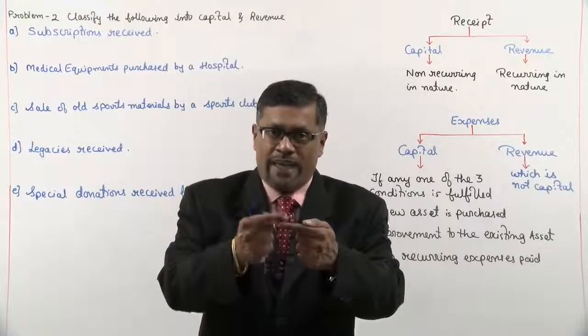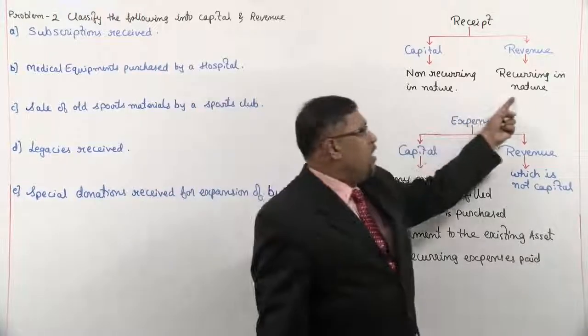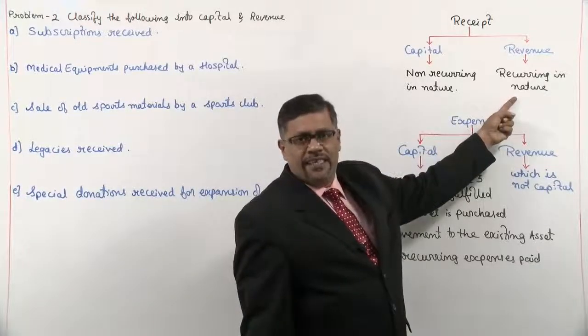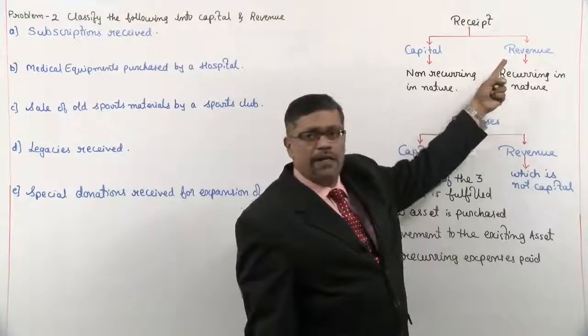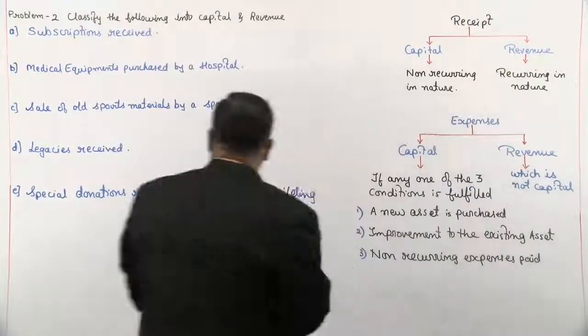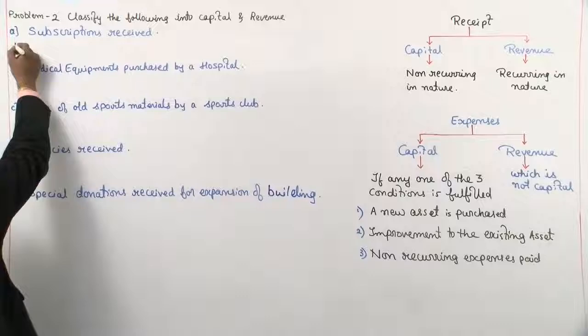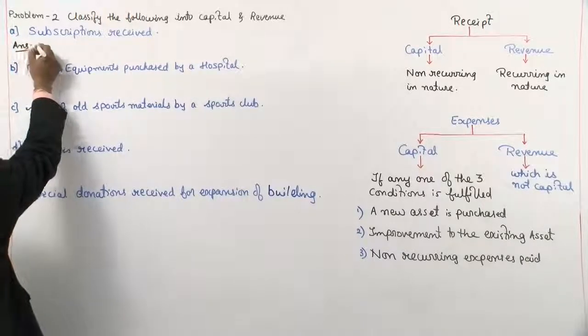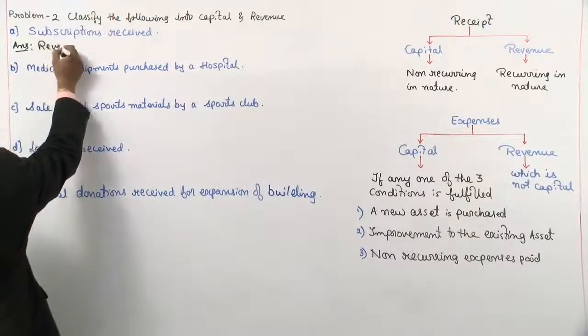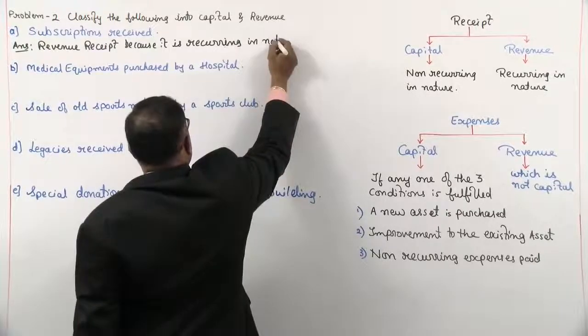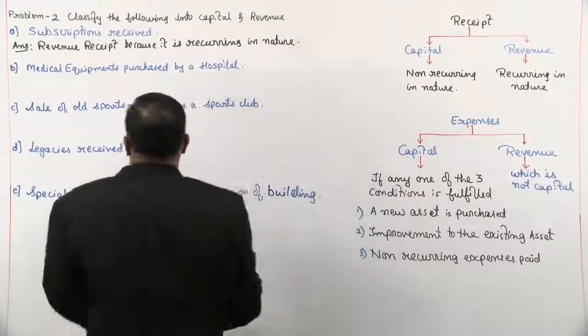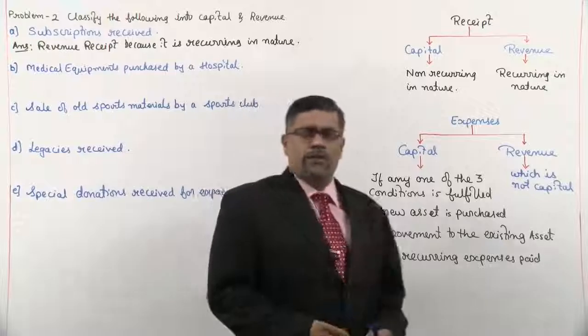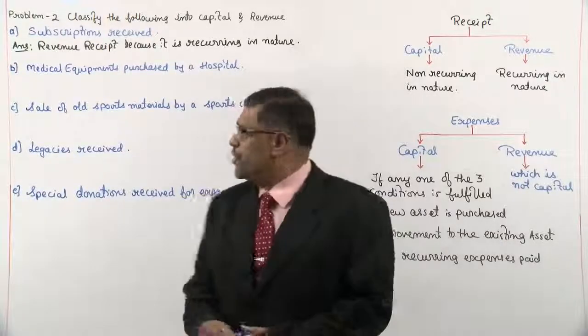What we receive again and again is a recurring receipt. Recurring in nature is nothing but revenue receipt. Let's write the answer for it. Revenue receipt because it is recurring in nature.